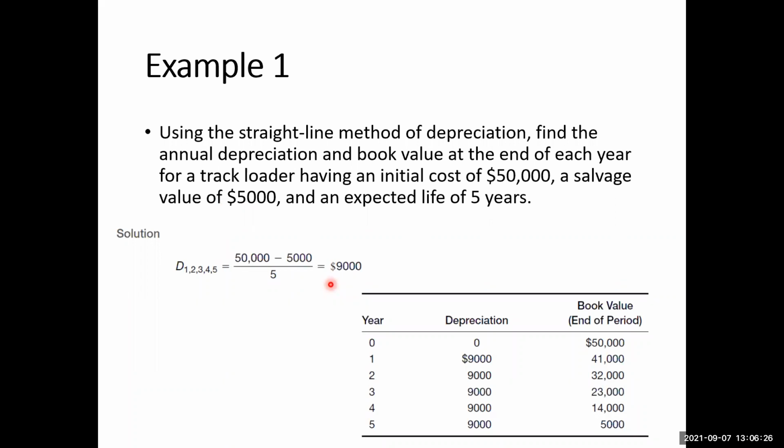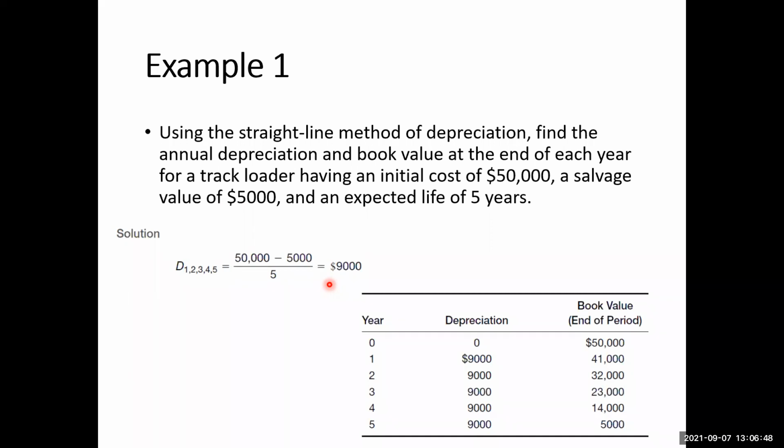This is just an estimate. This does not mean that each year the value of the equipment will really decrease by $9,000. It depends on the value we can get, for example if you want to sell that equipment after 2 years, it will depend on the market value at that time.